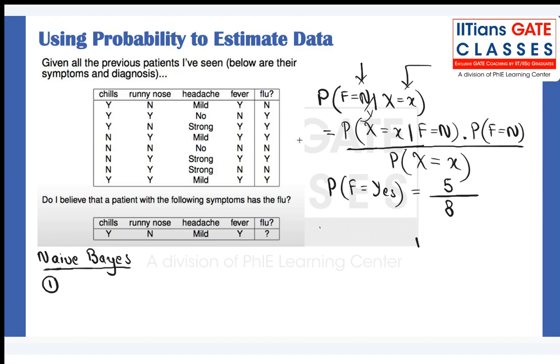There is one term that is unchanged. Can you tell me which is that term? You will calculate the probability that flu is no. Is this probability term changing? Previously it was 5 by 8. Is it still 5 by 8?